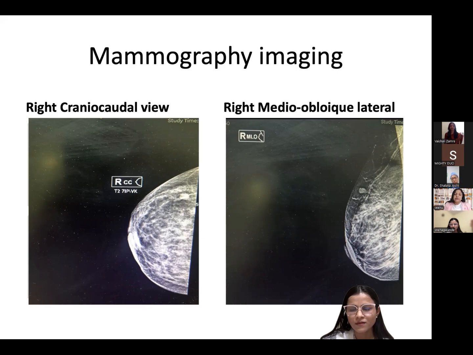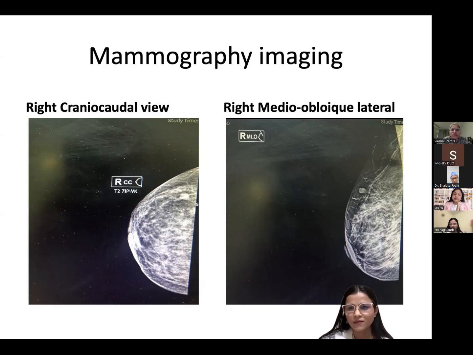But given the history of Paget's disease, it will again be an analysis that will depend on the history and on whether it is a taller than wider mass. So directly calling it BIRADS 3 will be difficult.